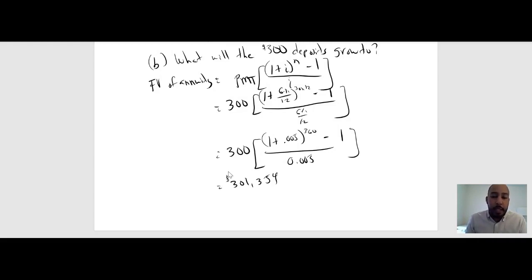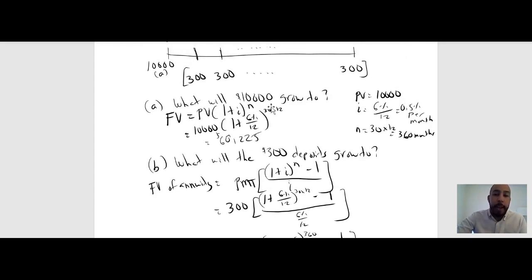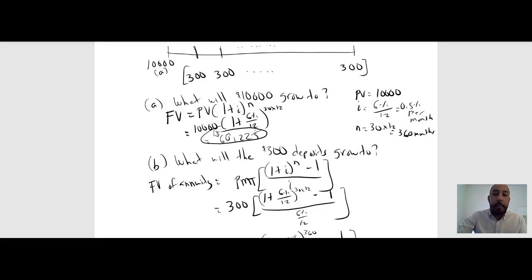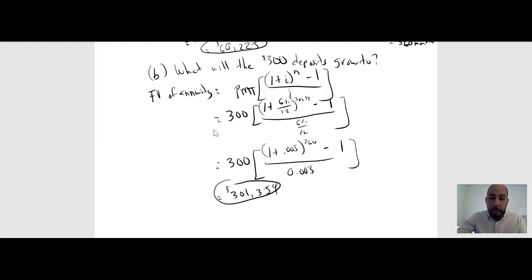So the last thing we have to do is notice that there are two different components. So we have part A, what's the value of the $10,000? What's that going to grow to at the end of 30 years? So we get $60,225. That's part A. And in the second part, we have the $300 deposits. What are those going to grow to at the end of 30 years? And we get $301,354. So we can do the last part, and we'll say part C. What's the total? How much are we going to have in total at the end of 30 years?